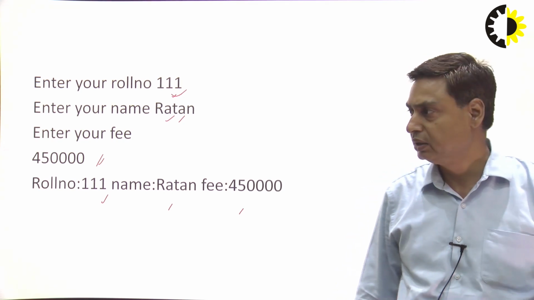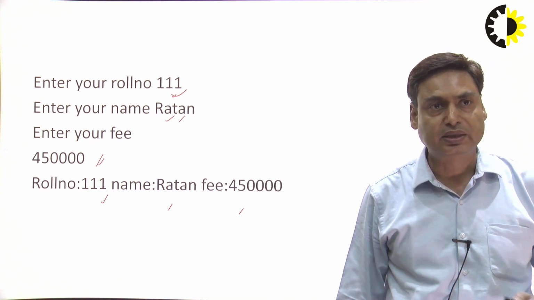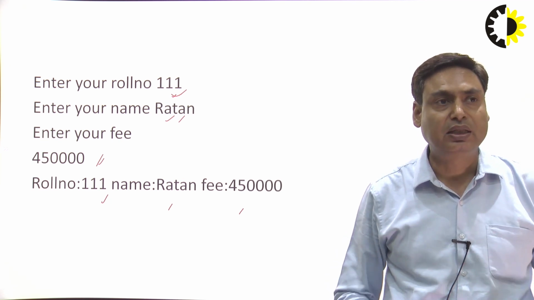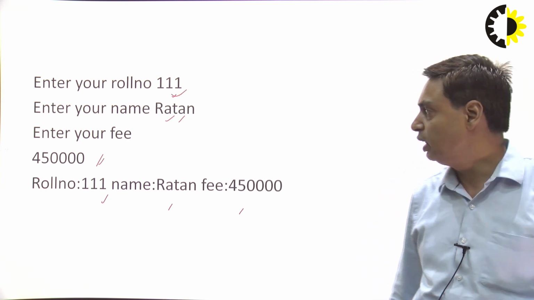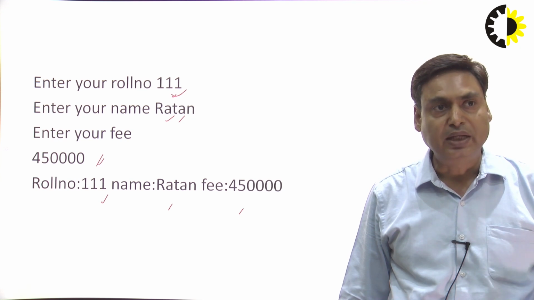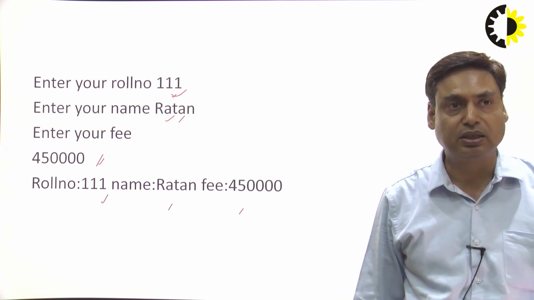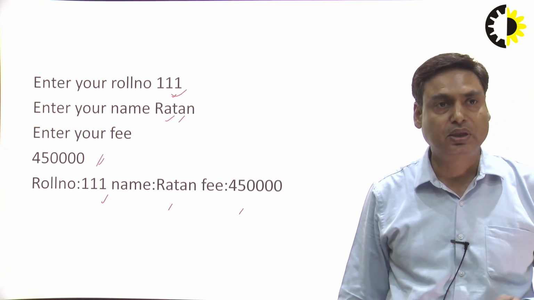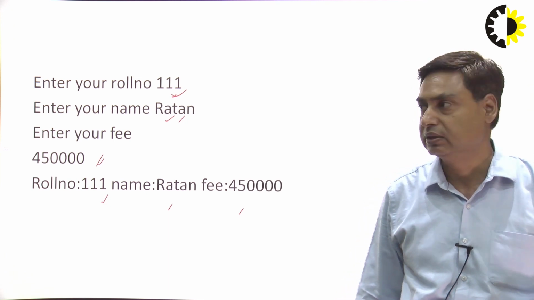In this input output topic, we have discussed that there are basically two types of streams. One is the character stream, the second is the byte stream, and both streams are different and the classes are also different. The key point for identifying the type of stream is that in byte streams, we use Stream as a substring in the class names, and in the case of character streams, we use Reader or Writer as a substring of the class names.